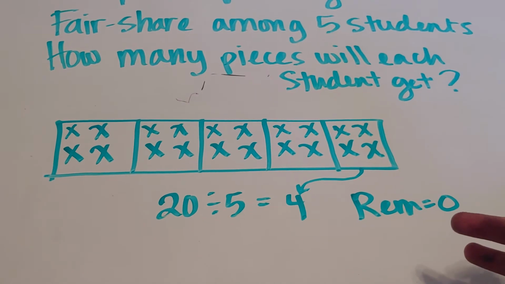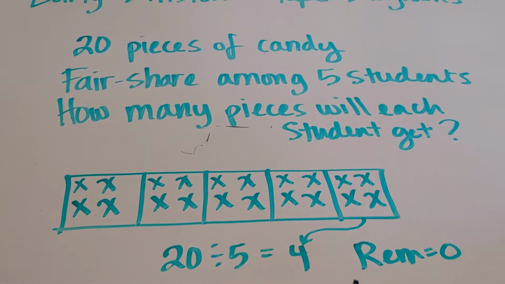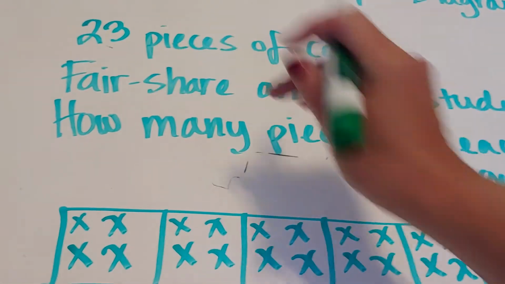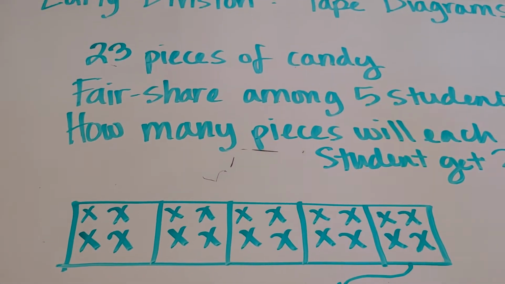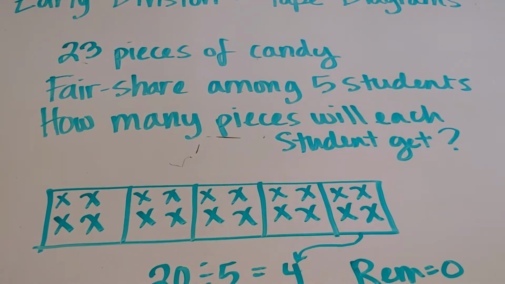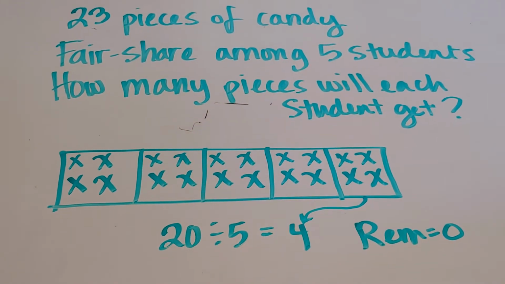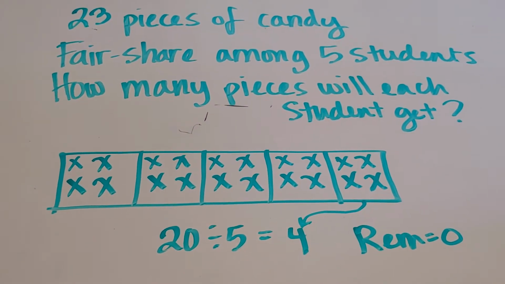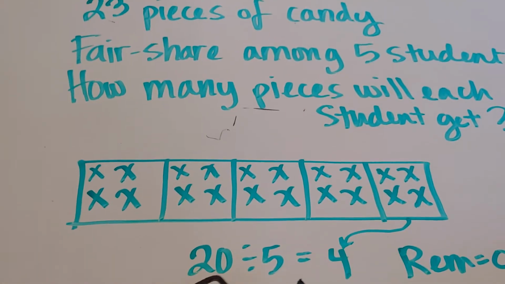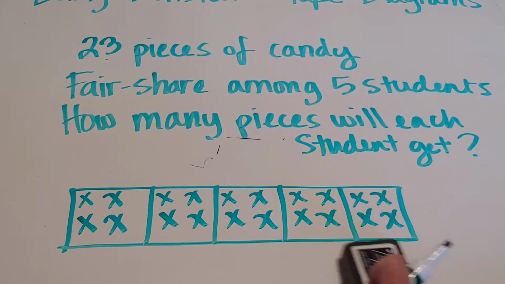Now, let's say instead of having 20 pieces of candy for 5 students, I had 23 pieces. And again, you're going to have some smart students. Well, probably they're all smart and wonderful and amazing. But you'll have somebody who's really fast at math saying, that's not going to work. Well, then we'll say, okay, let's talk about why it's not going to work. What will happen when I go through this is that I will get the same picture that I just did.